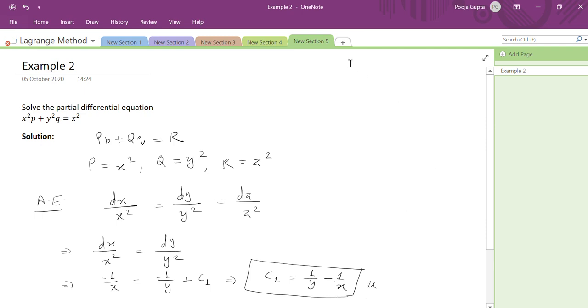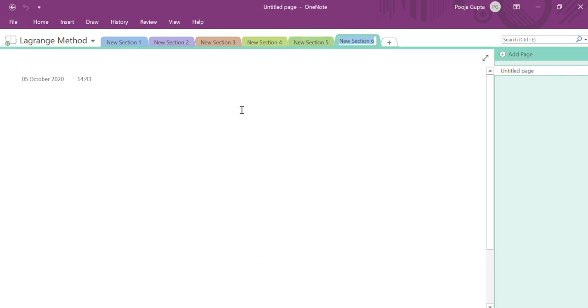Now for the other solution we can consider any two fractions. You can take first and third or second and third, anyone. We have to find any two solutions so that we can write the general integral phi of u, v is equal to 0. Here let's say we are considering the last two fractions, so that will give dy upon y square is equal to dz upon z square.